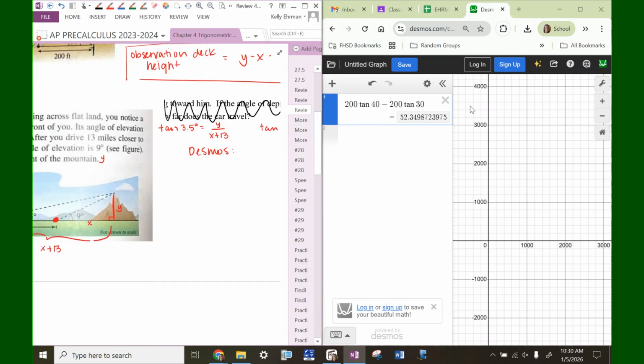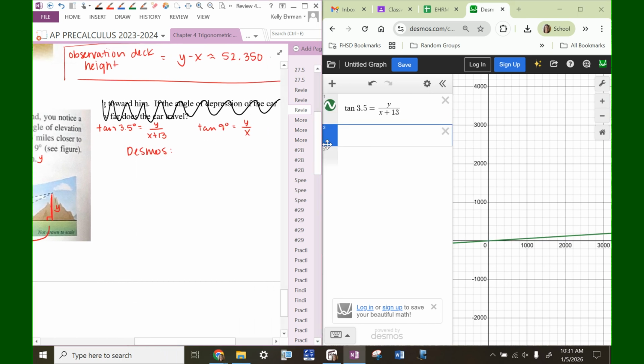If something is not working for you when you're doing that, whether the numbers are weird or you typed something in wrong and you're just not able to find the issue, I will show you how to solve these algebraically as well. So here's the first equation. In a second line, I'm typing the second equation, which was tangent of 9 equals y over x. And I want to double check that I'm in degree mode.